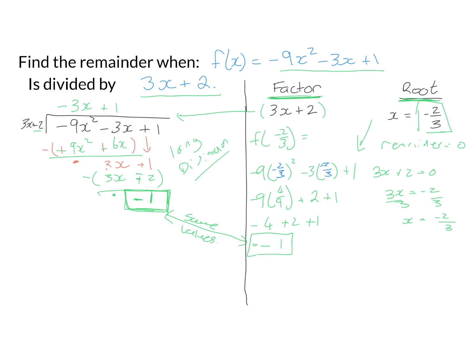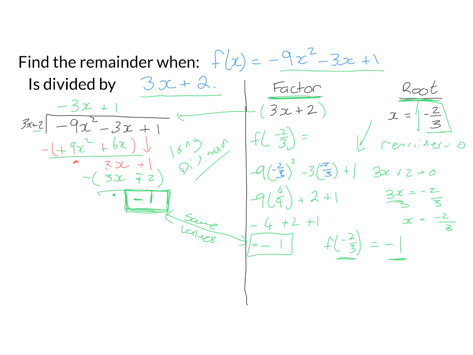So what we can say is that f of minus 2 over 3 is equal to minus 1. That means that when x is minus 2 over 3, the output is minus 1. So that is my remainder when that is put into the expression.